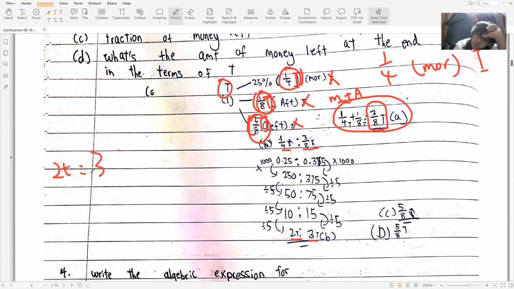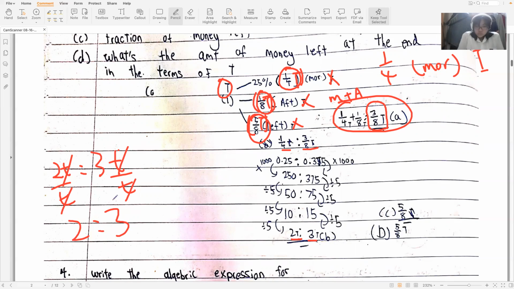Can you divide by T on both sides? Can you delete the T? Yes. So the answer is simply 2 to 3.